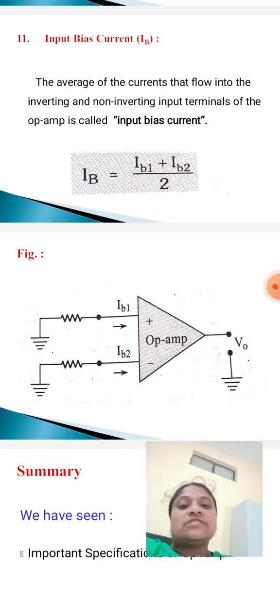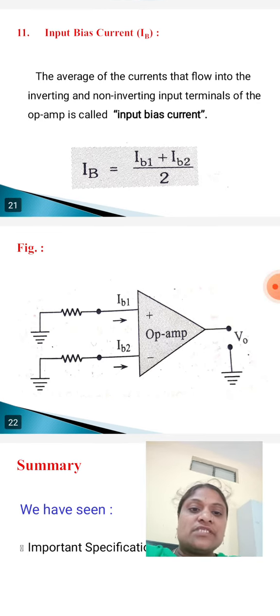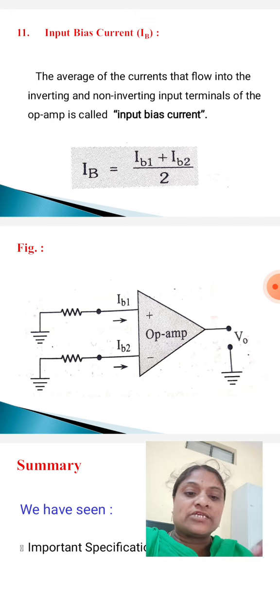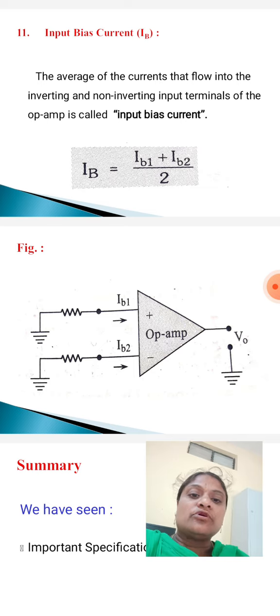Okay, observe this figure. This is the op amp. It accepts two inputs, positive input and negative input. Positive is the non-inverting input and negative is the inverting input. It accepts two currents, IB1 and IB2. Both inputs are connected to ground, so no current flows through the circuit, then the output is 0.